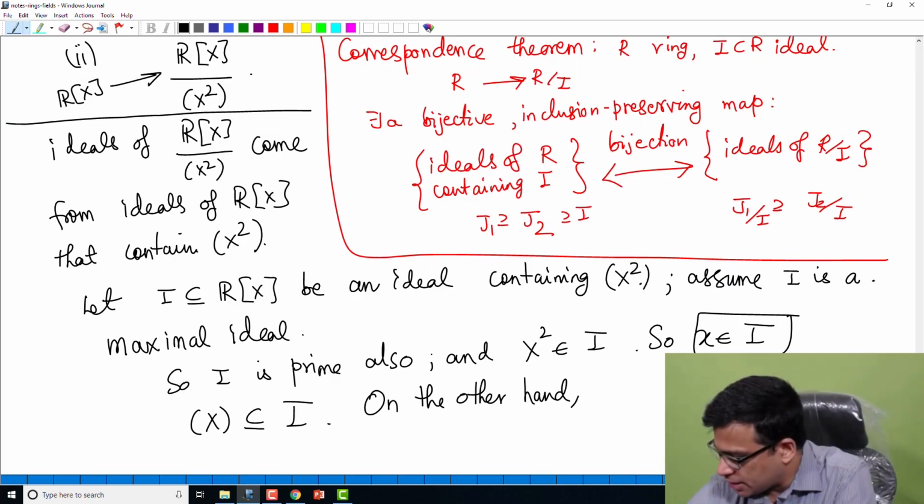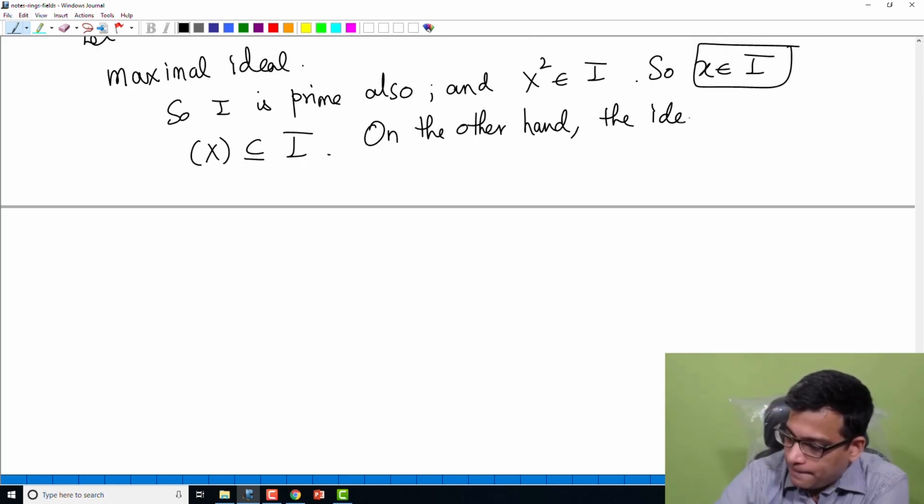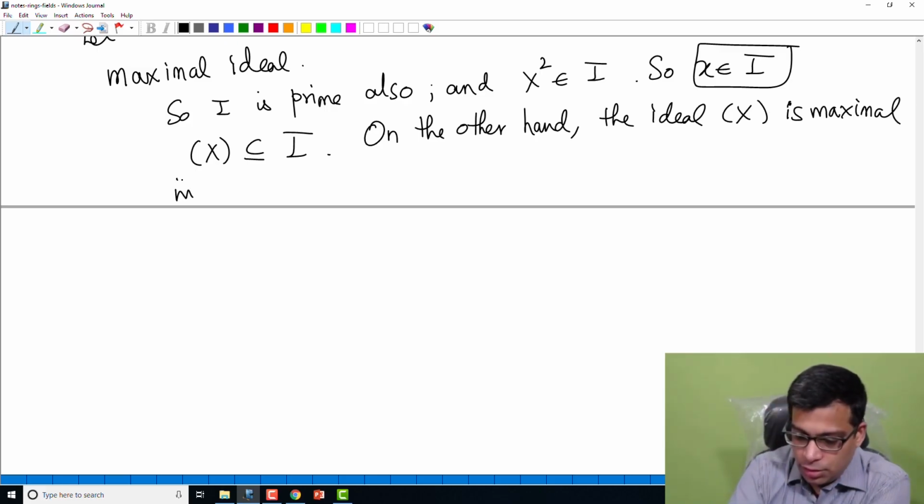On the other hand, it's an easy exercise for you. The ideal (x) is maximal in R[x]. So I will leave this as an exercise.